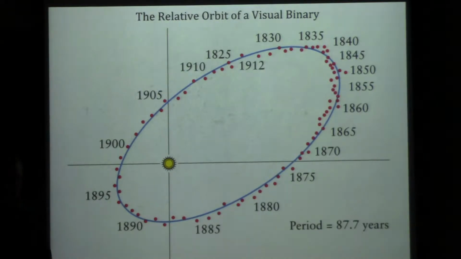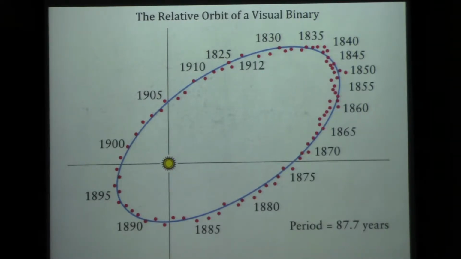Here's a visual binary where its relative orbit was plotted over quite a long period. You can see the earliest is like 1825, and the latest is like 1912. So these are old data. It's the longest lab ever. That's right.